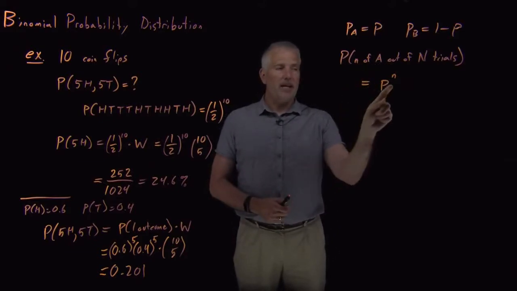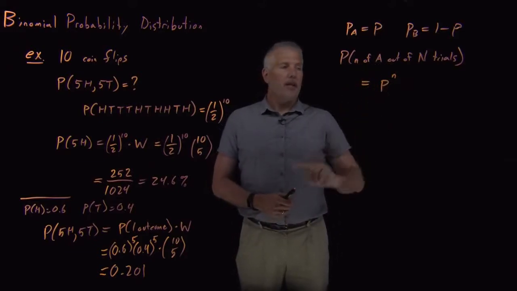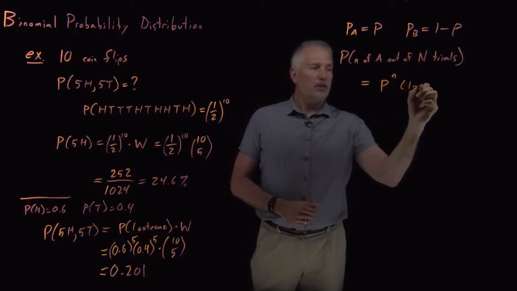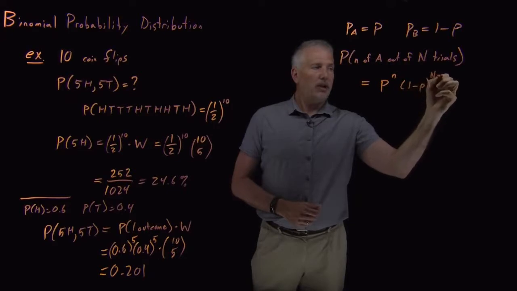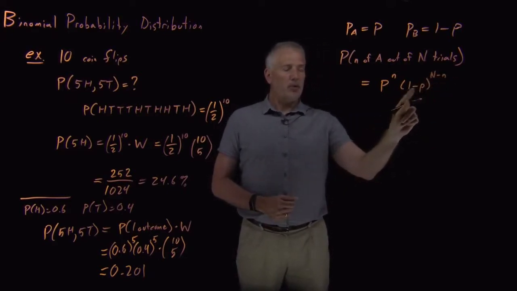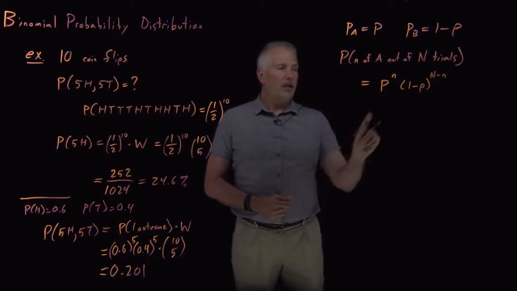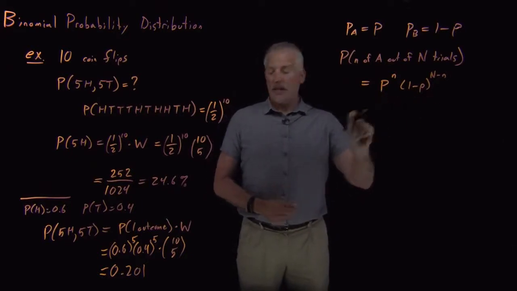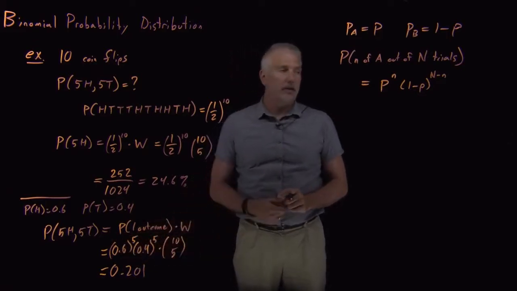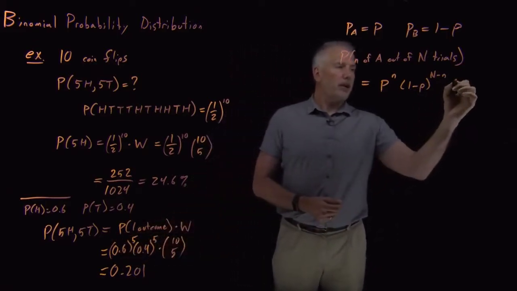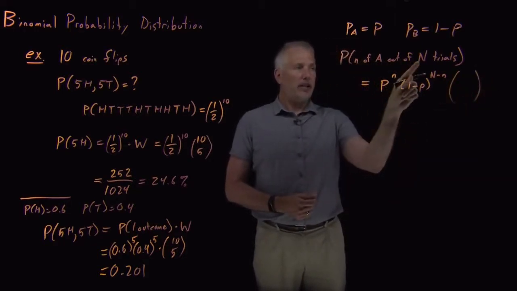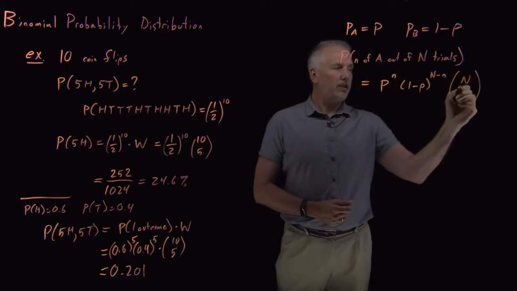Each time I get A had a probability P. I get the other option B the remainder of the times, big N minus little n, and the probability of that happening each time was 1 minus P. So these things together are like the 0.6 to the 5, 0.4 to the 5. That's the probability of any individual outcome, and I still need to multiply that by the number of ways of getting little n out of big N options, so N choose little n.